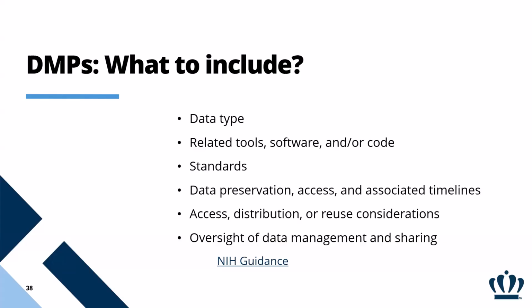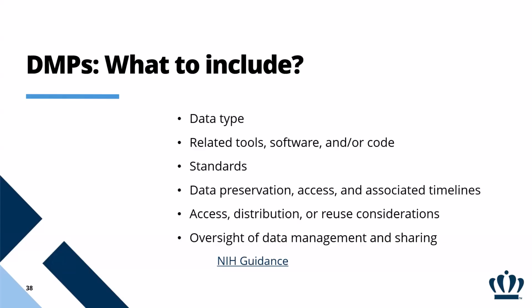In data preservation, access, and associated timelines, researchers should indicate how the data will be shared, when the data will be made available, and who will be able to access the data. And kind of going along with that is the access, distribution, and considerations around reuse. So are there any factors that might affect or limit access or reuse in any way, such as privacy, confidentiality, informed consent, all of that.